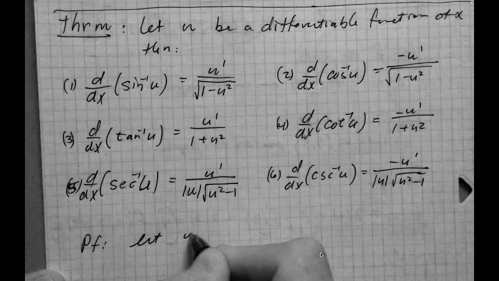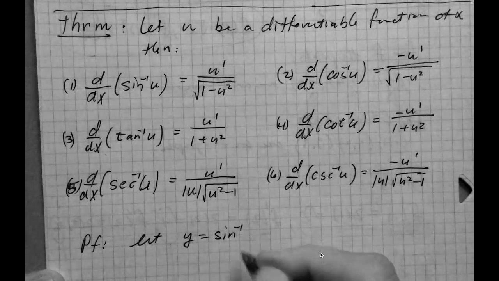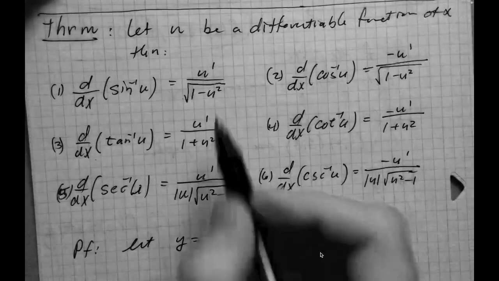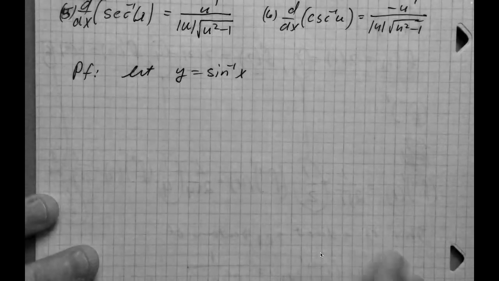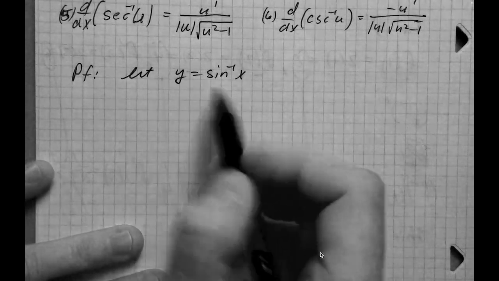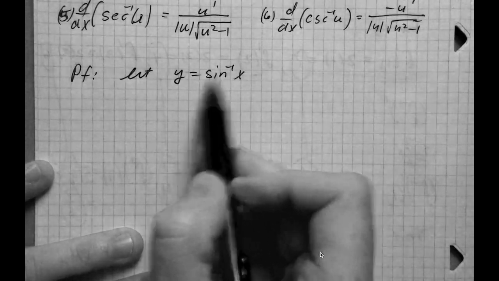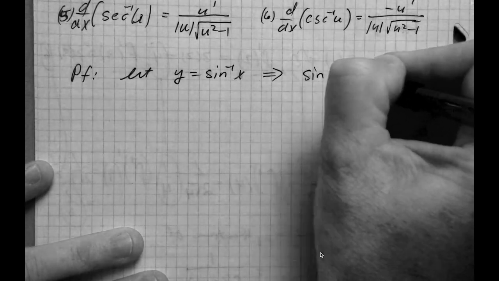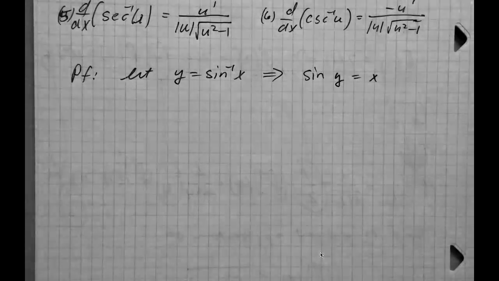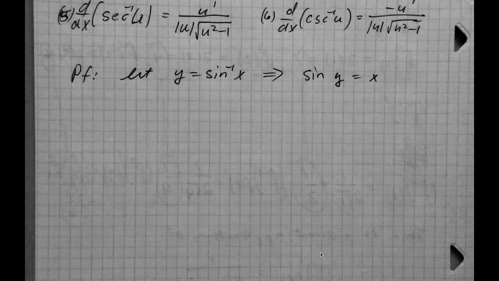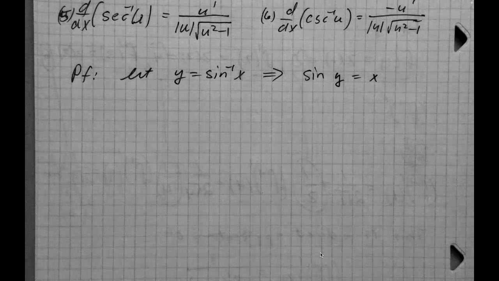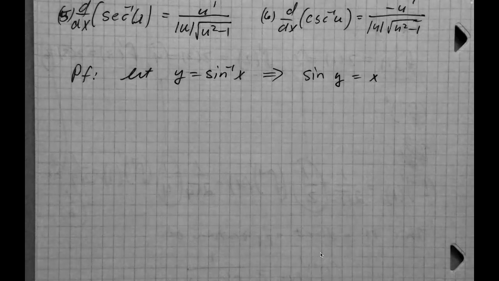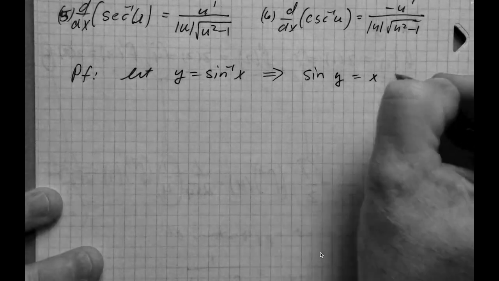Let y equal the inverse sine of x. That's what we'll start with, and we'll prove that this form is what comes out. We don't know anything about inverse sine, so let's rewrite this as the sine of y equals x. Remember, we're interested in dy dx, the derivative with respect to x. So we're going to have to use implicit differentiation, which we talked about in a previous lecture.